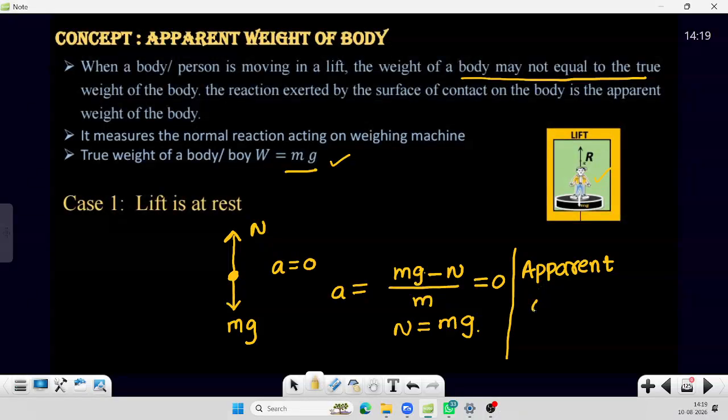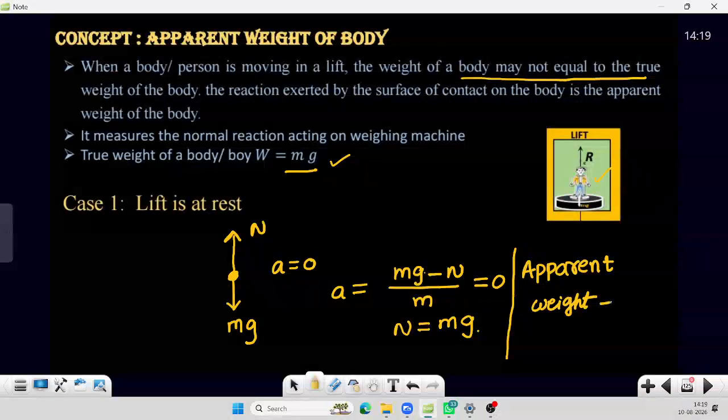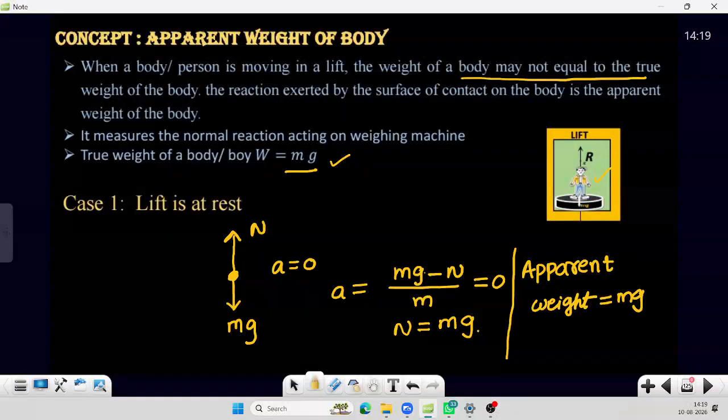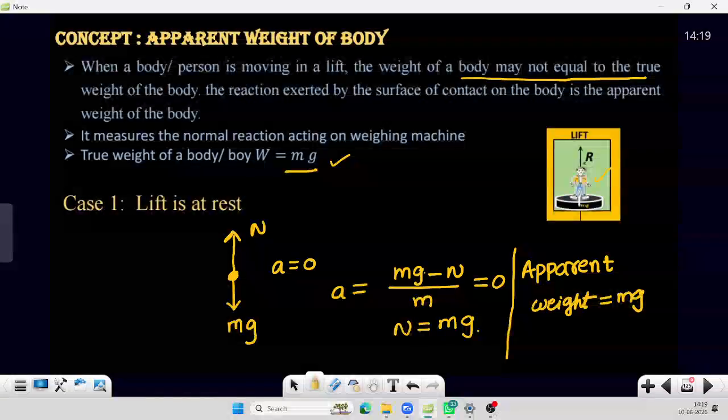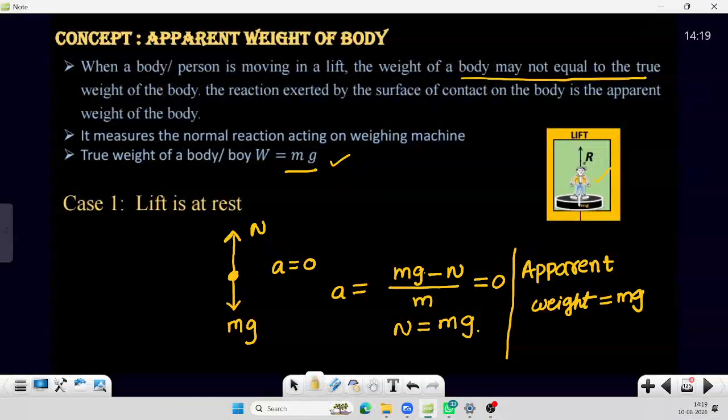Apparent weight, how much? Tell me. It will be equal to mg only. Yes, take down. So take case 1: the lift is at rest.